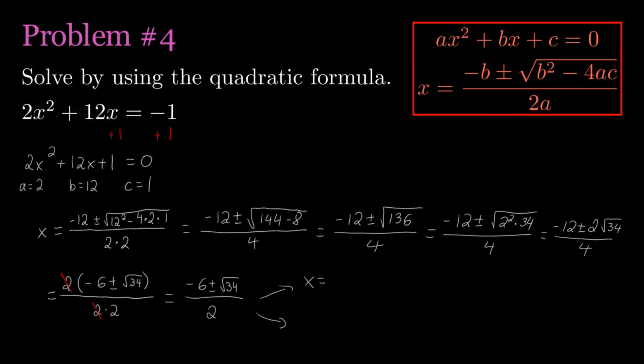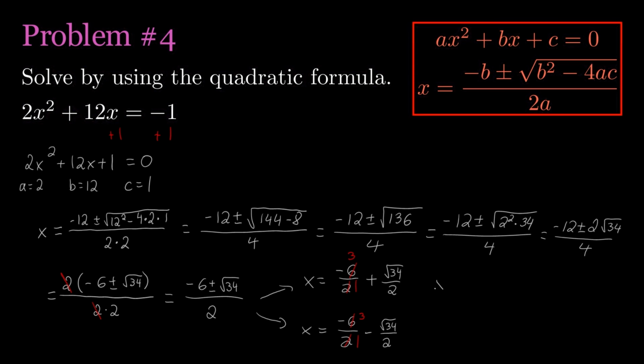We're going to have x equals negative 6 over 2 plus the square root of 34 over 2, or x equals negative 6 over 2 minus the square root of 34 over 2. As I said before, negative 6 and 2 have a common factor, so it will be negative 3 over 1, really, both in the first one and in the second one.